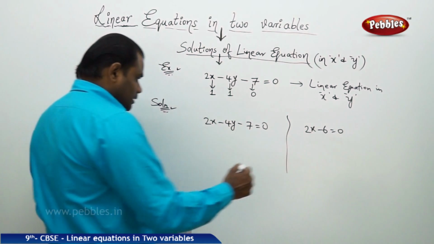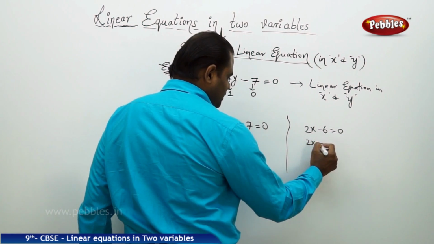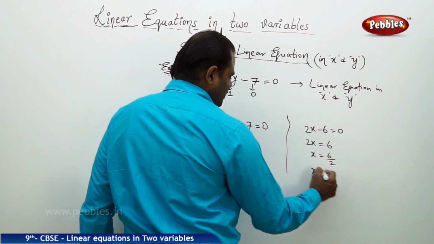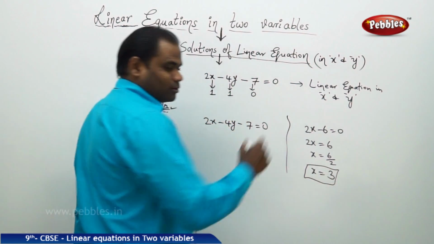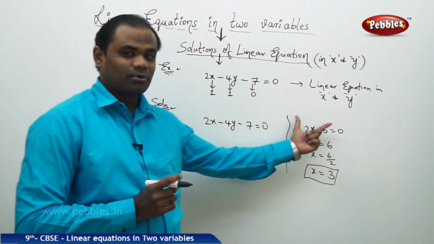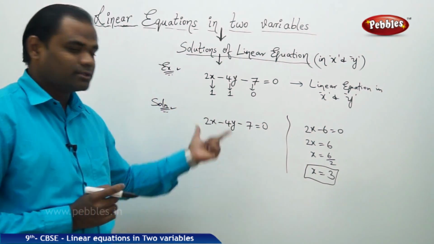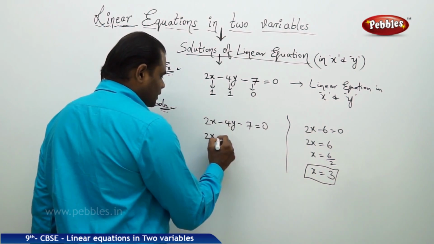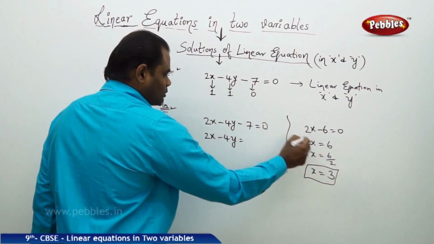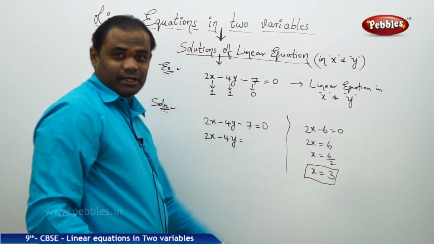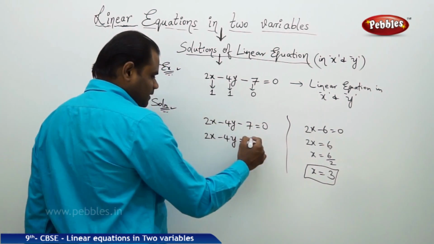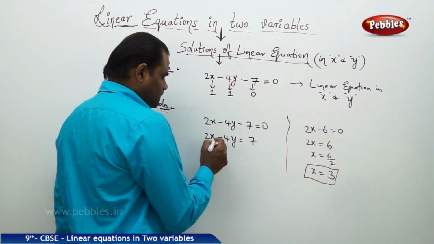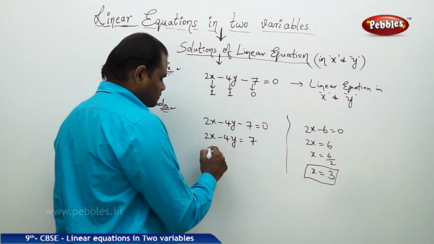Now, as we know, clearly I can find the value of x by taking the constant to the right and then taking 2 down, and then I get the solution. Let's see if I can use the same process for my linear equation in two variables x and y. So proceeding similarly, taking the constant to the right, as I took 6 to the right in the previous equation, taking minus 7 to the right, I get 7, and then let's see if we can find x and y.